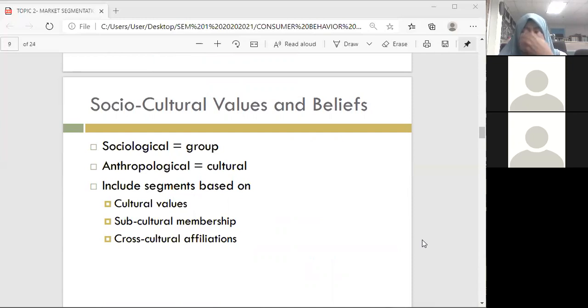For example, maybe certain consumers are under the belief of, do you know what PPIM means, Persatuan Pengguna Islam Malaysia?